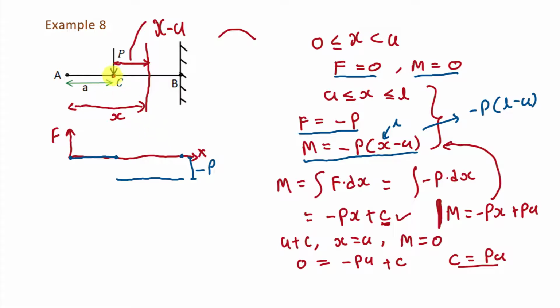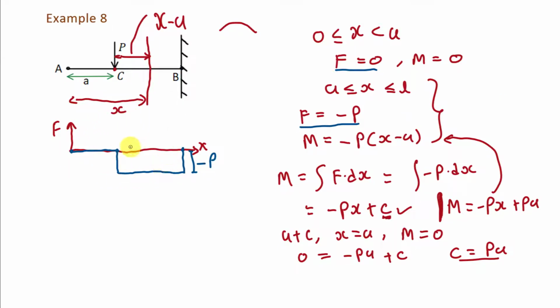Here you can see there is a point load P at the point C, so this point load is going to give a sudden effect on the shear force diagram like this. And also there will be a reaction in the vertical direction opposite to this load at this point B, so there will also be a sudden effect on the shear force diagram at this point. So it will be like this. Finally, this will be the shear force diagram for this example.